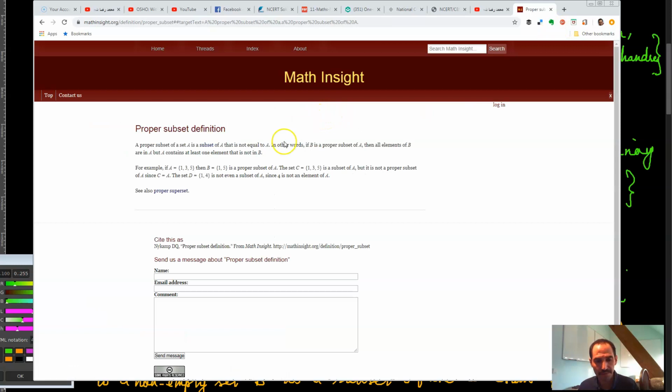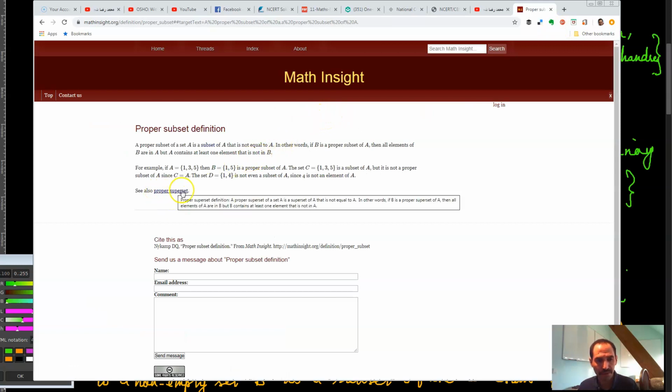So, mathinsight.com, there is also the concept of a proper superset.